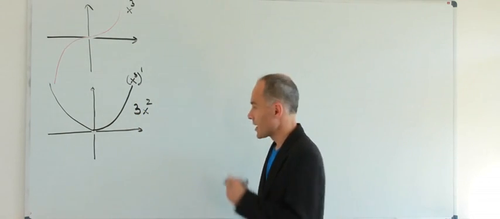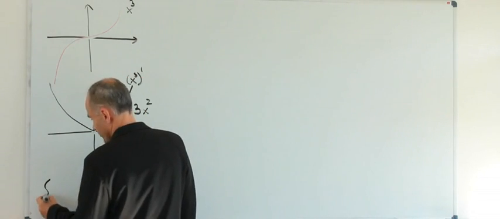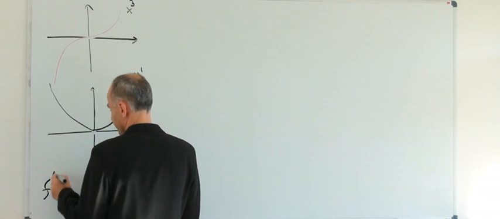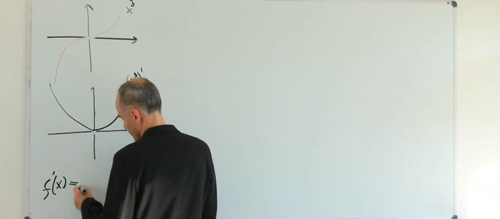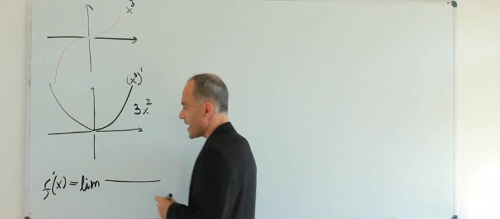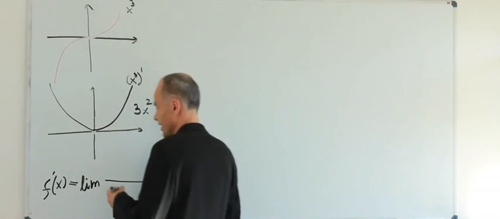So let's do that. Let me remind you of the definition of the derivative at x as the limit of the ratio. And right now I will let x plus h be b. I don't have to do that.